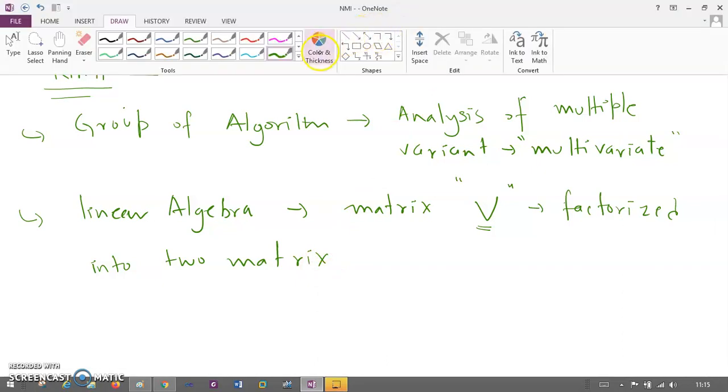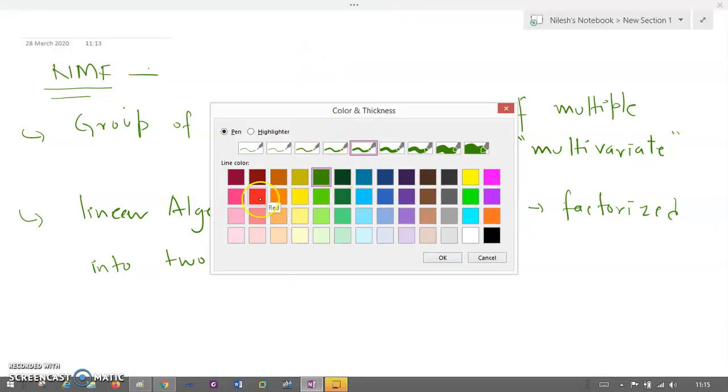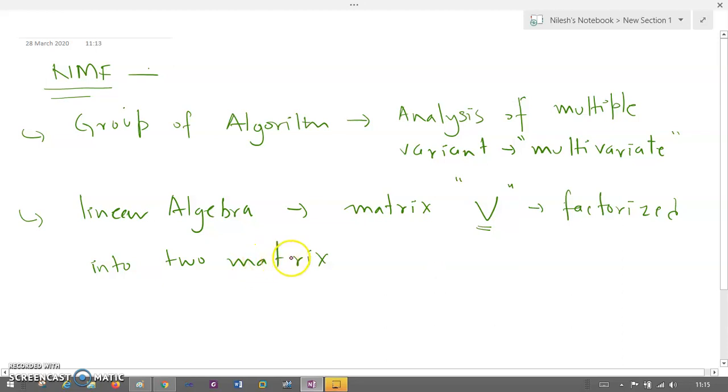Let me take a color to show these two matrices. One is W and another one is H. So we'll play with these three matrices: V, H, and W.